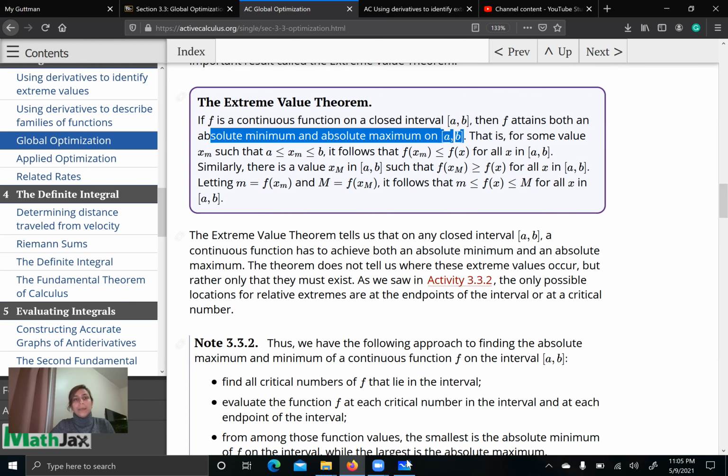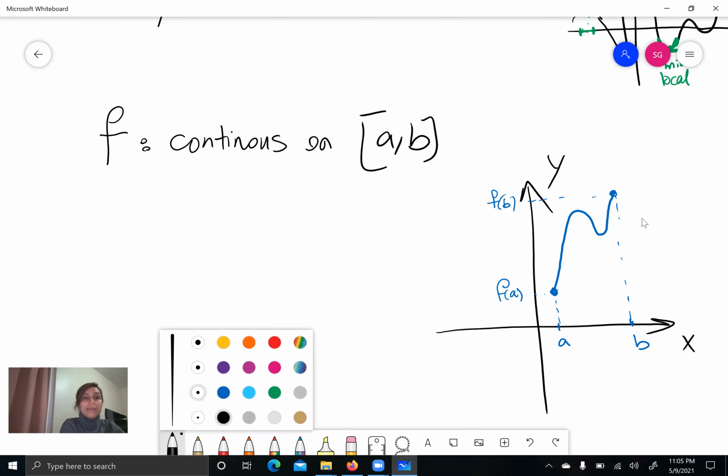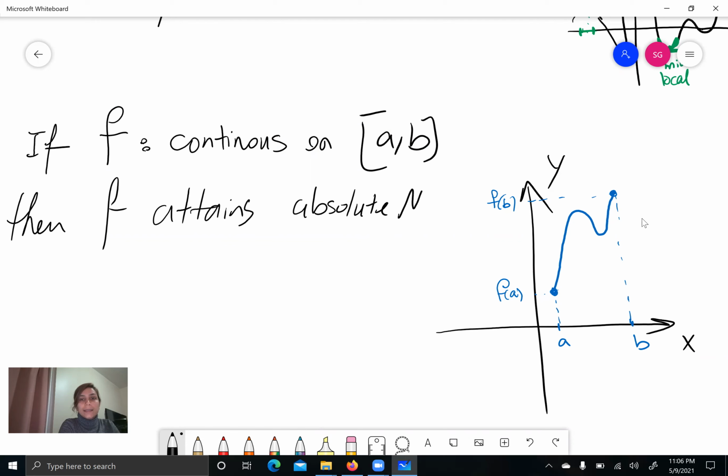That's the theorem. So the theorem says that if f is continuous on a closed interval, then f attains, or it has, an absolute maximum and an absolute minimum, which means that there is a point that is greatest.